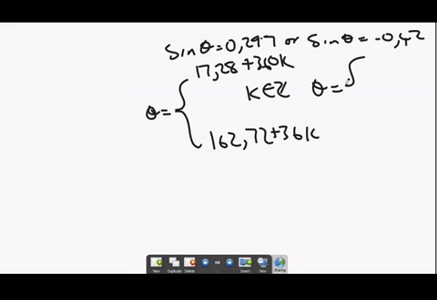Second function sine inverse of negative 0.42, which is going to give us negative 24,83, and also there it's going to be 204,83 plus 360k, and then k is an element of integers.